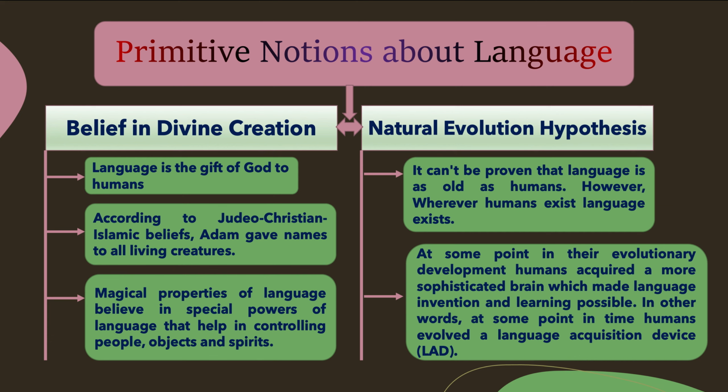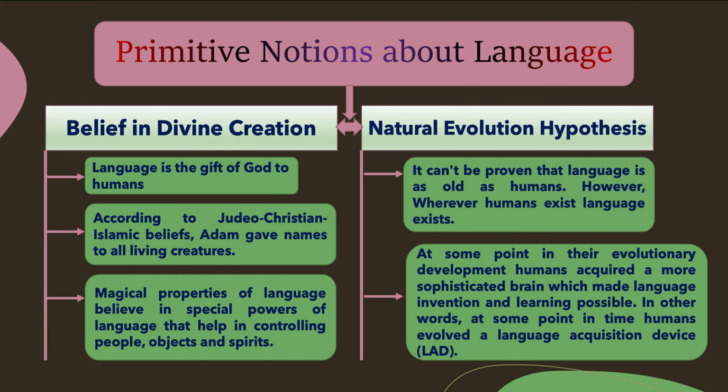Therefore, let us invent language, let us make learning possible. So after thousands and thousands of years of struggle and evolutionary development, this sophisticated brain made humans invent language and make learning possible. And they believe that in this slow evolutionary development, humans evolved a language acquisition device, what we call LAD.